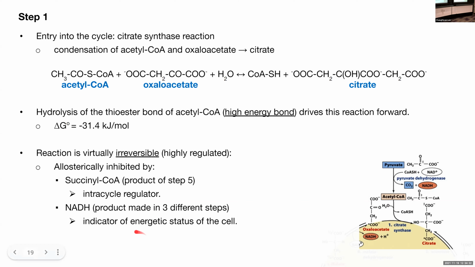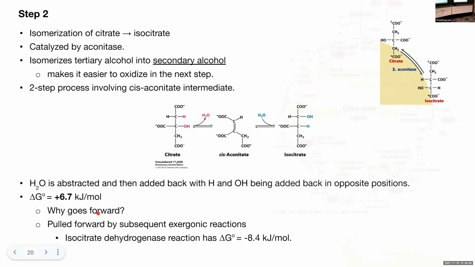NADH is another one that allosterically inhibits citrate synthase, which is a product in 3 steps of this TCA cycle. Again, it works as an indicator of the energetic status of the cell, where many things are oxidized already, so you have to slow down.